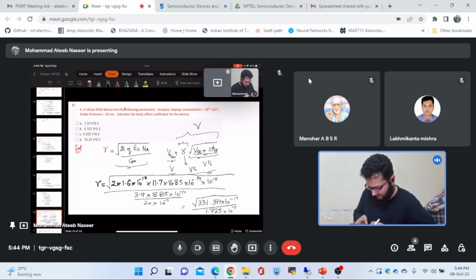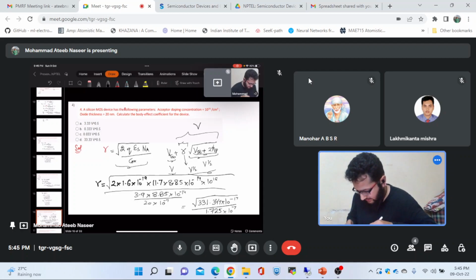The result is 5.75 into 10 to the power of minus 8, divided by 1.725. It will be 0.335, so 0.33.